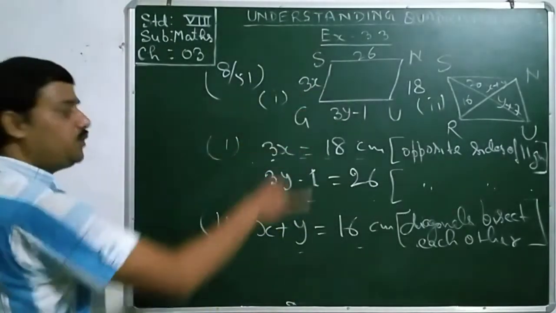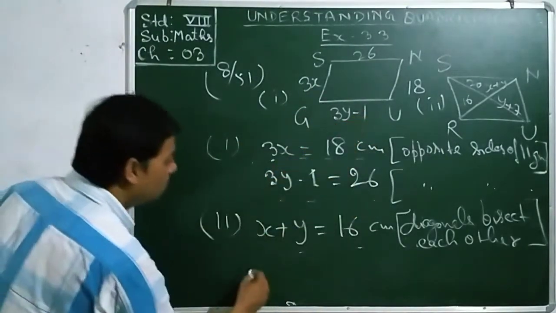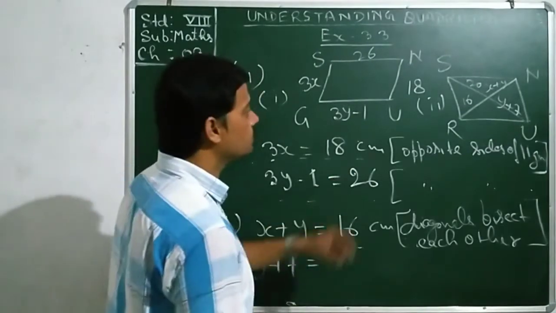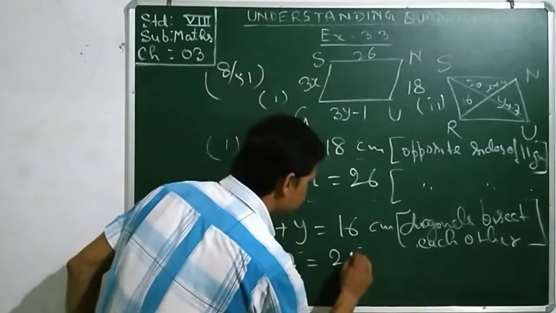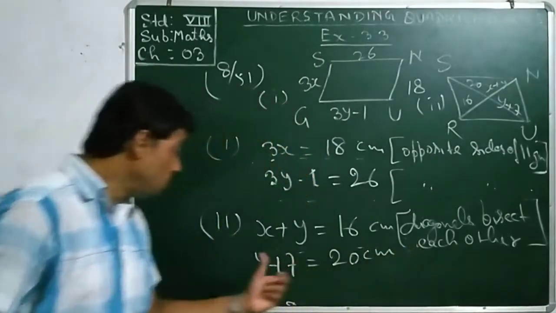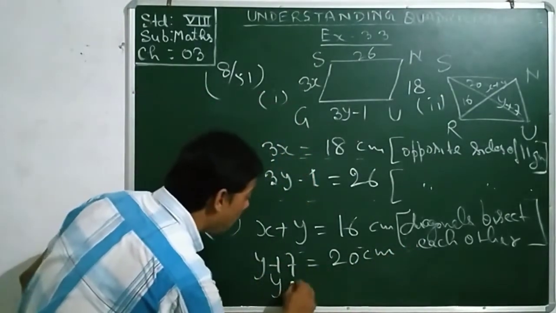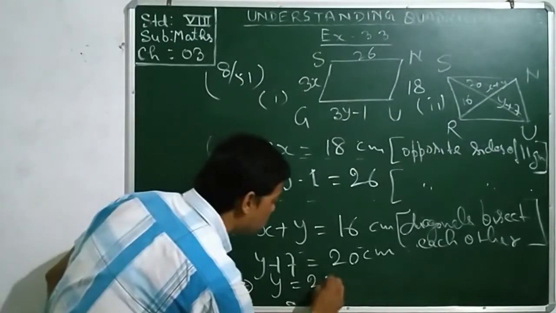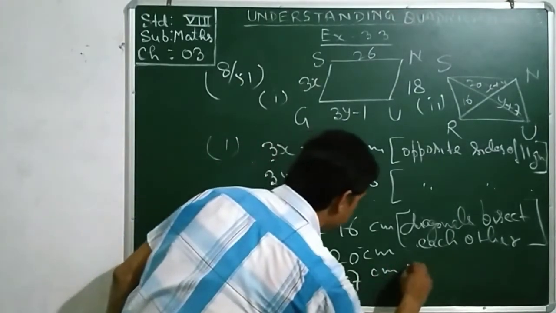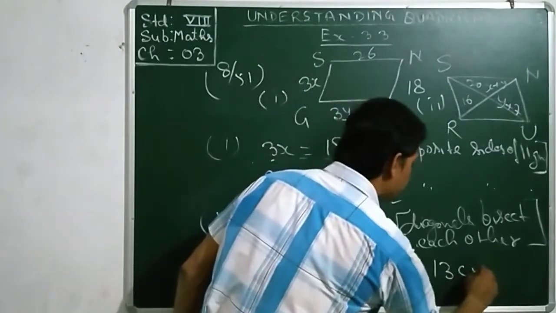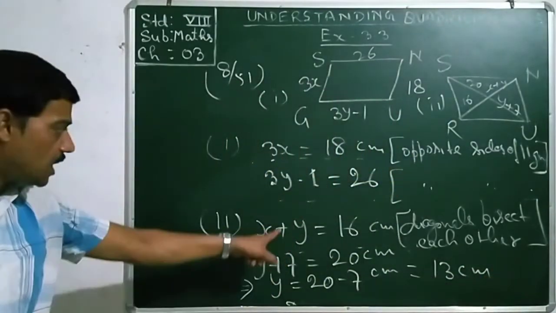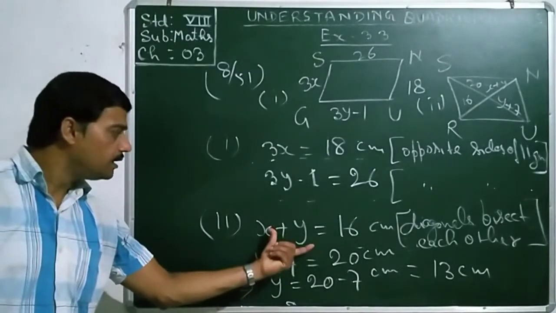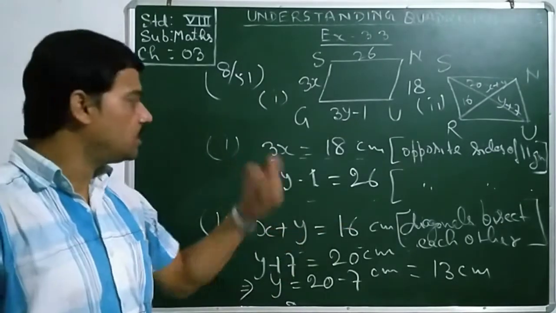But before that we need to solve another one, that is y plus 7 equal to 20 cm. By this you will get the value of y by solving this. Once you get the value of y to be 20 minus 7 cm, that is 13 cm, easily you can find out the value of x also. Put the value of y here and find out the value of x.